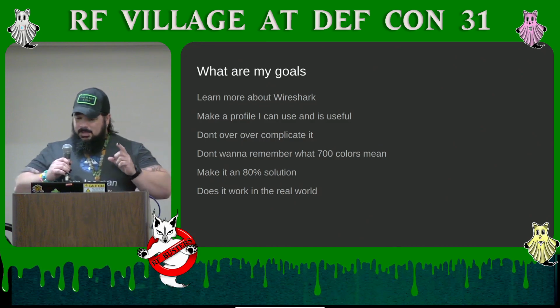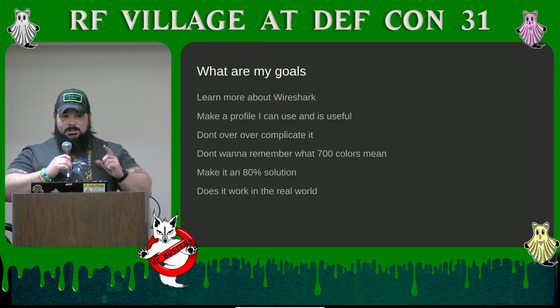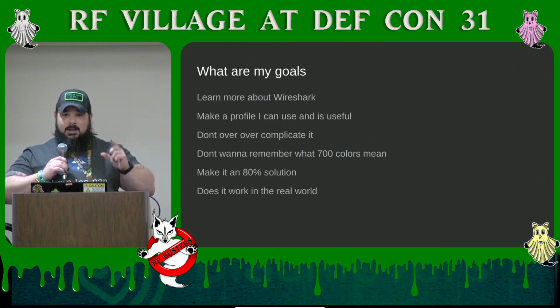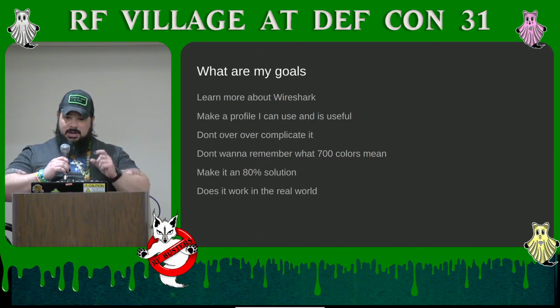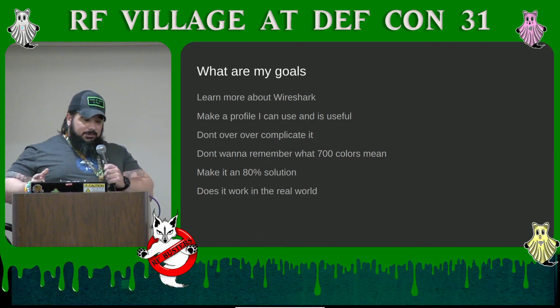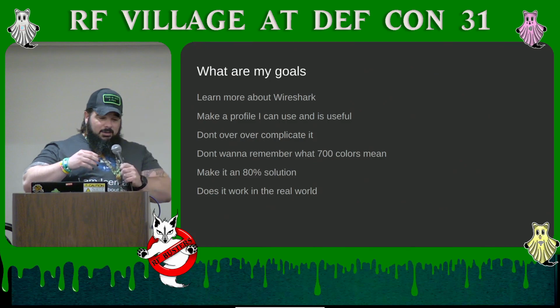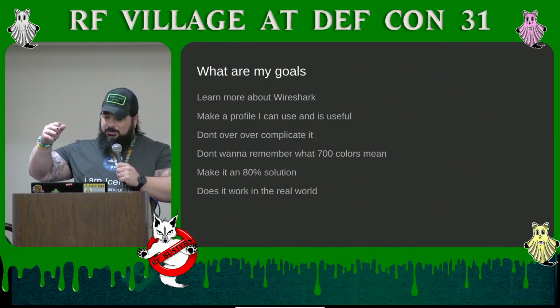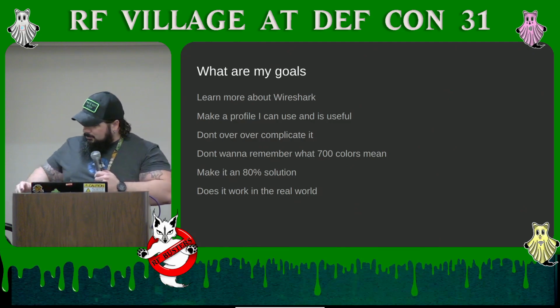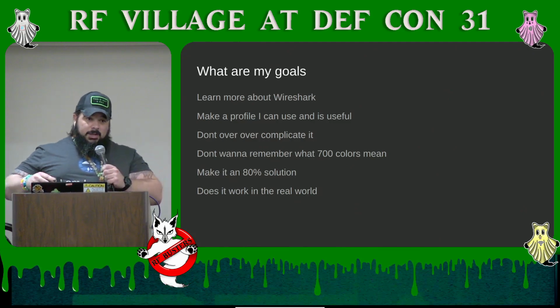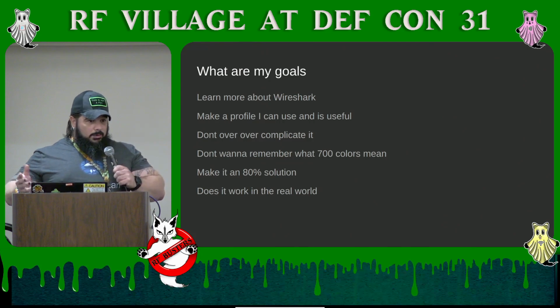And then it needs to be an 80% solution, because not every single tool will do 100% of the things that you want it to do every single time. You have to use this tool sometimes to then a little bit use that tool to then get you the final thing out of this tool. It's a journey, right? And does it work in the real world? And I have a real world story for this.